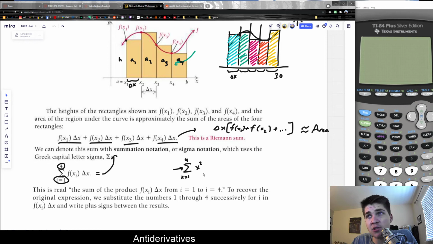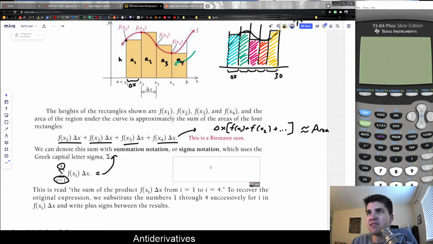So a sigma notation over here would mean, I want to add up everything. This is my formula, this is what I want to add up, and I want to do it from here to here. And again, it always specifies what variable we are using. So all this would mean is 1 squared plus 2 squared plus 3 squared plus 4 squared. Basically, I plug in 1, plug in 2, plug in 3, plug in 4, and add it all up. But anyways, enough about the notation.